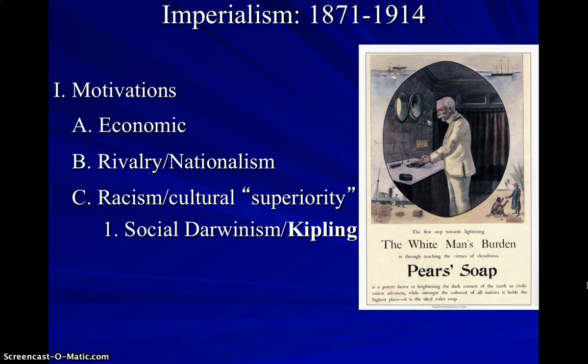The idea would be used to justify poverty and ethnic divisions and class divisions created by industrialization. It would be used to justify eugenics and forced sterilization, ethnic genocide, and of course, imperialism.